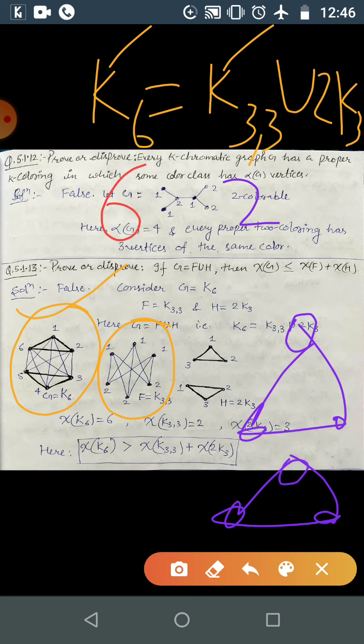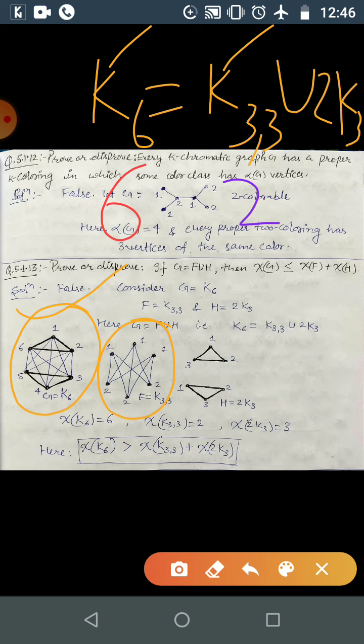For example, first color, second color, third color, again 1 2 3. So 2K3 is a 3-chromatic graph. If K3 is 3-chromatic, obviously for any number of components it will give you 3 only.